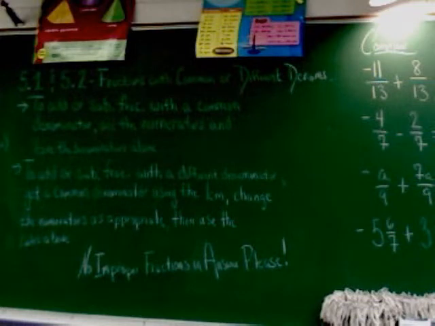The more difficult part would be different denominators, and I use that word very loosely. To add or subtract fractions with a different denominator, we have to get a common denominator using the least common multiple.